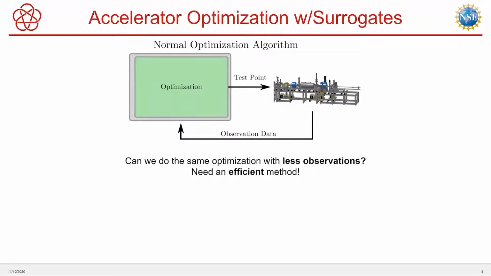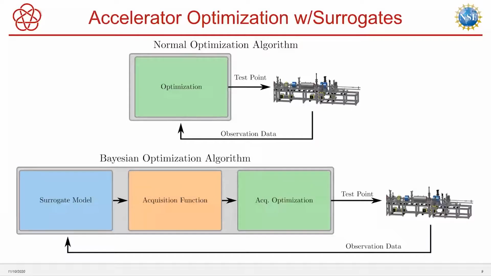The name of the game here is doing this optimization with as few physical observations as possible, because that is what costs us most in terms of time needed to reach an optimum. This is where Bayesian optimization comes in.